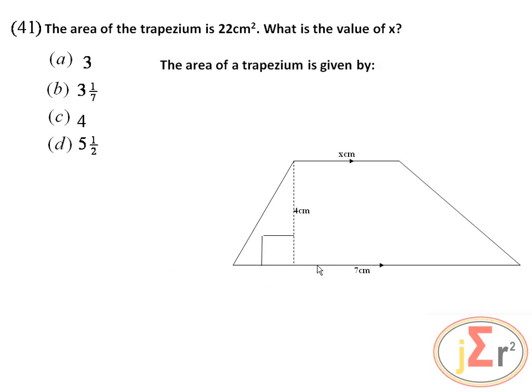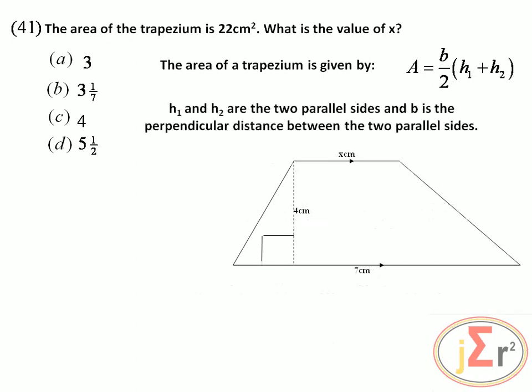The area of a trapezium is given by area is equal to half b, then the sum of h1 and h2, or b over 2, in brackets h1 plus h2, so we are multiplying half of b by the sum of h1 and h2. h1 and h2 are the two parallel sides, and b is the perpendicular distance between the two parallel sides.